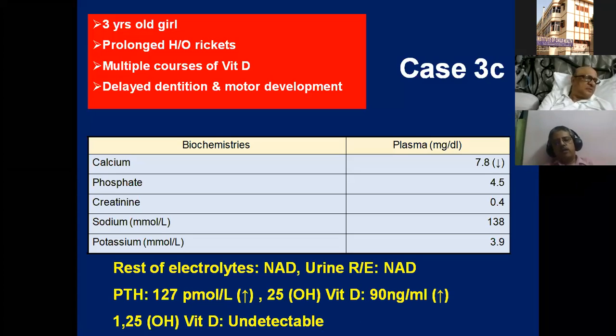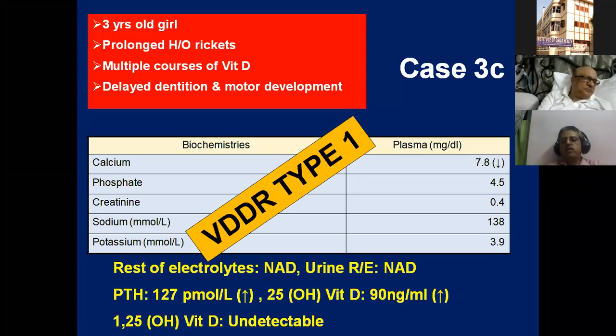PTH is also on the higher side. So if your 25 hydroxy vitamin D is high, but your 1,25 dihydroxy vitamin D is undetectable, then most probably you are dealing with a defect in the transformation of 25 hydroxy vitamin D to the active form. So the VDDR type 1.